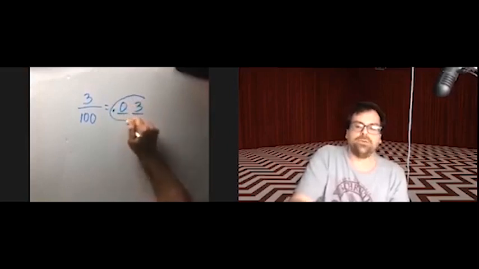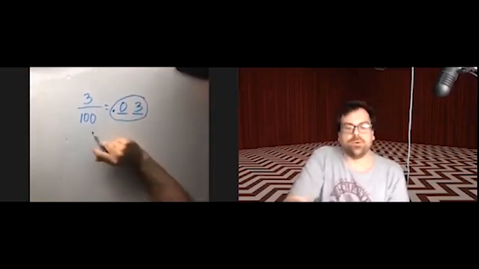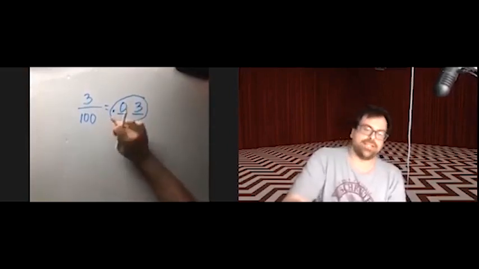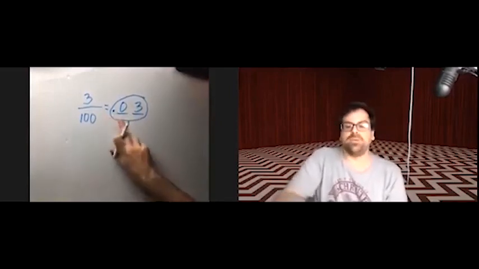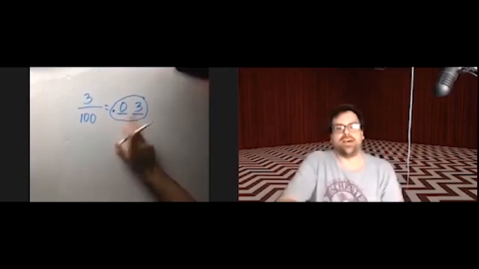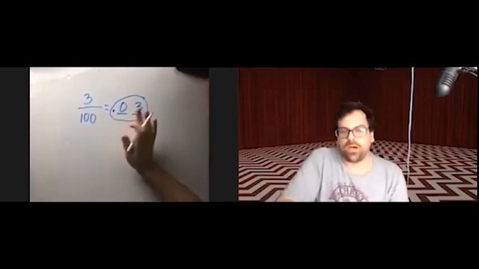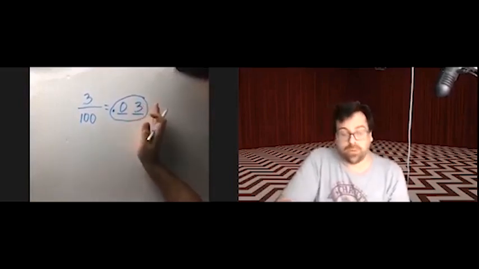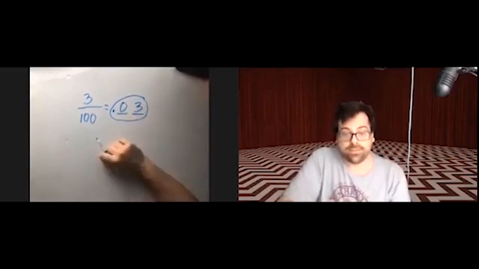So 0.03. You don't need the 0 to the left of the decimal point, but you absolutely need this 0 here to hold the place value. 0.3 would be wrong. That would be 3/10. 0.30 would be wrong. That's 30 hundredths, which is again 3/10. 0.03 is what we need.